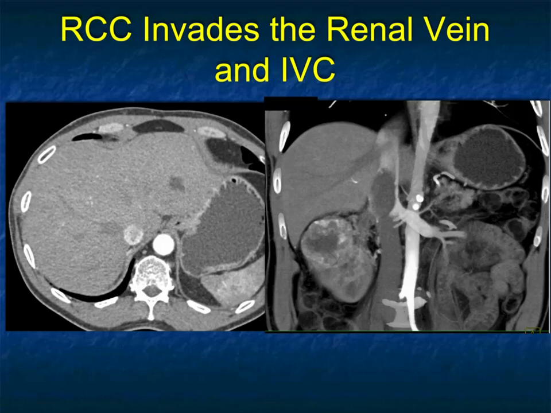So for example, in this case, right renal mass, is that tumor in the IVC and renal vein, or is it flow? You can get flow from below, and maybe it's just early non-opacification of the IVC in part that's causing the appearance. So this early phase is not going to be good enough.